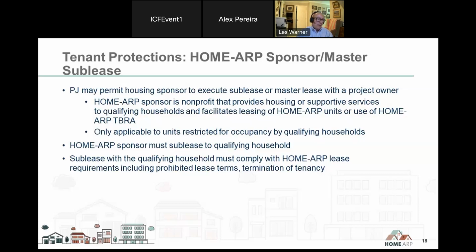And so we'll have a master lease for the nonprofit. And then, as I mentioned, that sponsor will then have a sublease for each of those qualifying households.